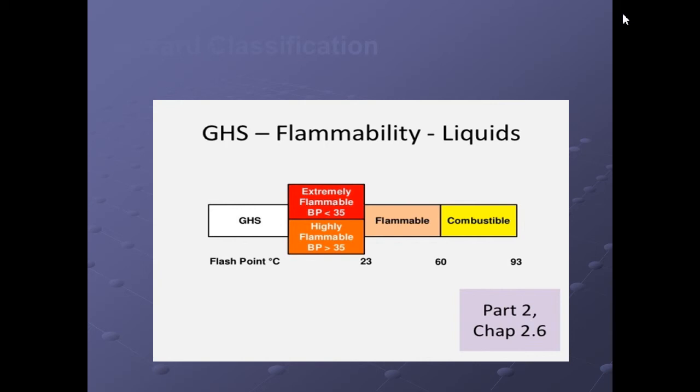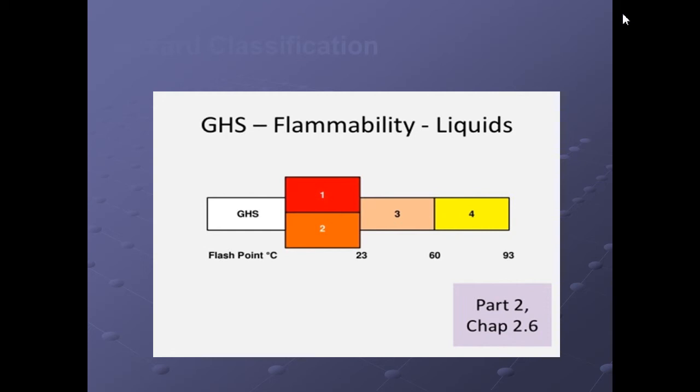Highly flammable is if the boiling point is above 35, but the flash point is between 0 and 23. So that's where you get your highly flammable. Now, when you go down the scale to flammable and combustible, that's where you see the 60 and then 93.